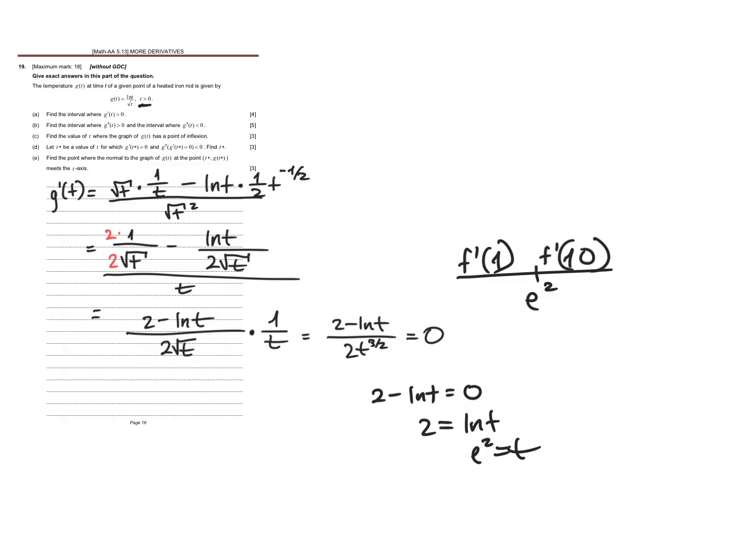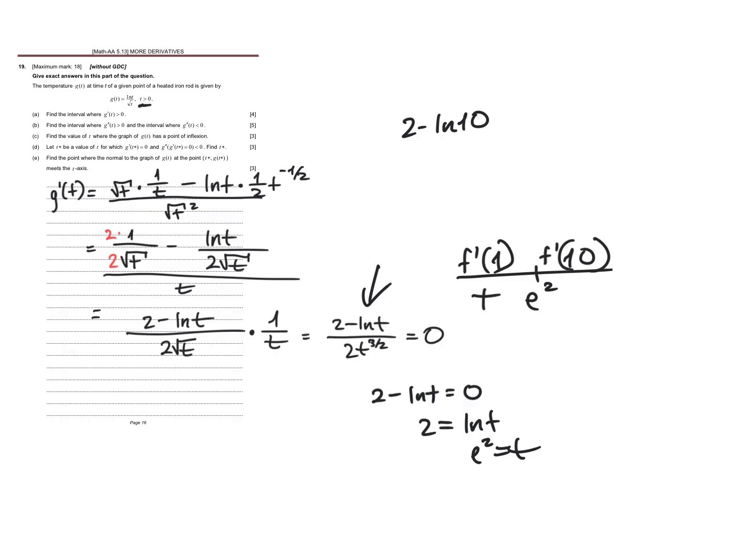So when you do that, you need to substitute into the derivative. So 2 minus natural log 1 is just 2, because natural log 1 is 0. And then we're going to have over 2. So this is a positive number here. And if we do 10, 2 minus natural log 10, this will give a negative number, okay?